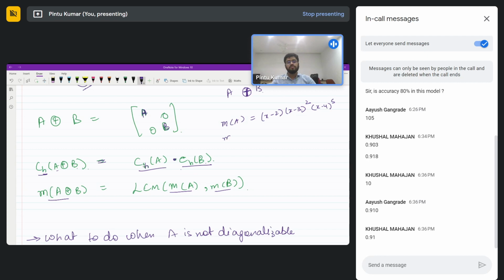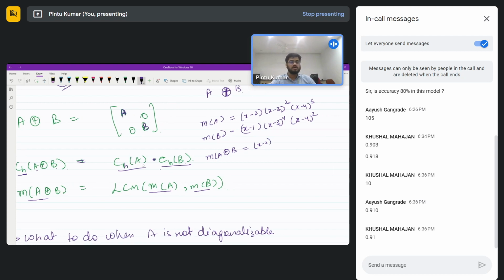And the minimal polynomial for B is x minus 1, x minus 3 to the power 4, and x minus 4 to the power 2. Then what is the minimal polynomial for A direct sum B? This is the LCM of both of them. So x minus 2 is not in B, so it will stay as it is.